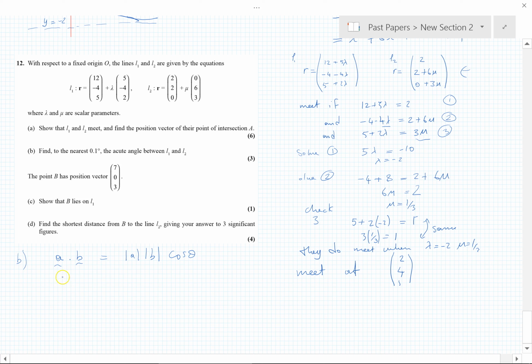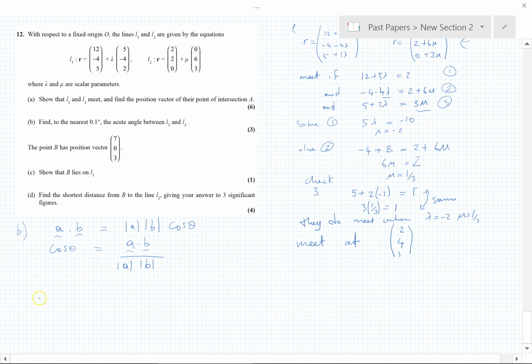There is a nice proof for it in the various textbooks. Anyway, cos theta is equal to a dot b over mod a mod b. So we just need to work out a dot b. What I haven't mentioned is that it's the direction vectors that we do this for. These two bits are called the direction vectors.